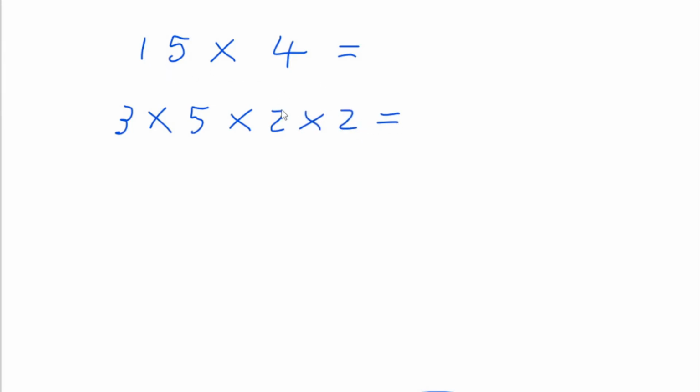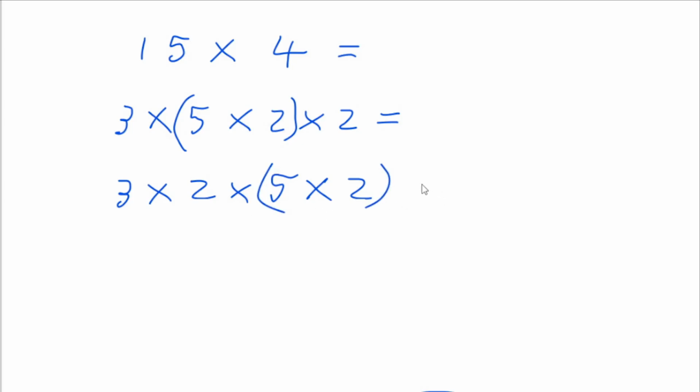So hidden in there was a 5 times 2. So it's really like 3 times 2 times 5 times 2, which is really like 6 times 10, 60.